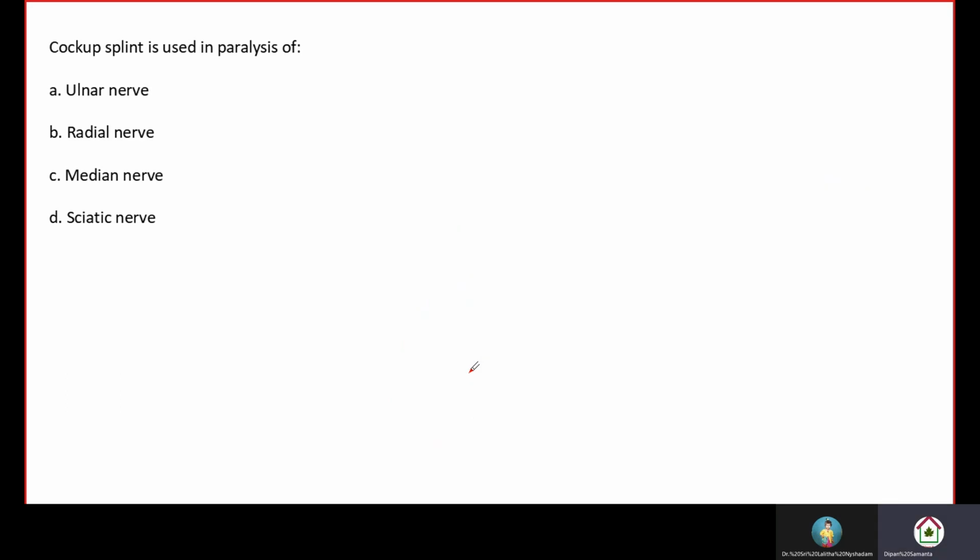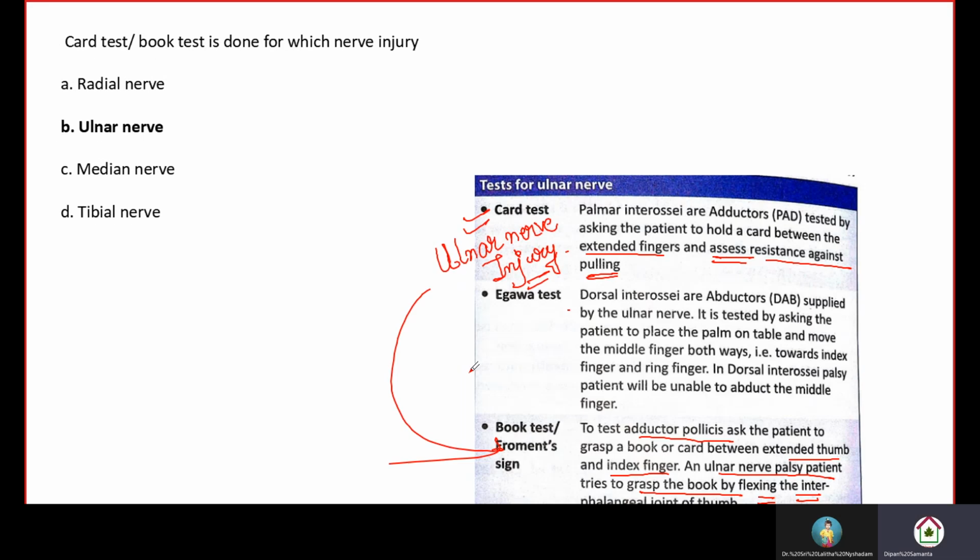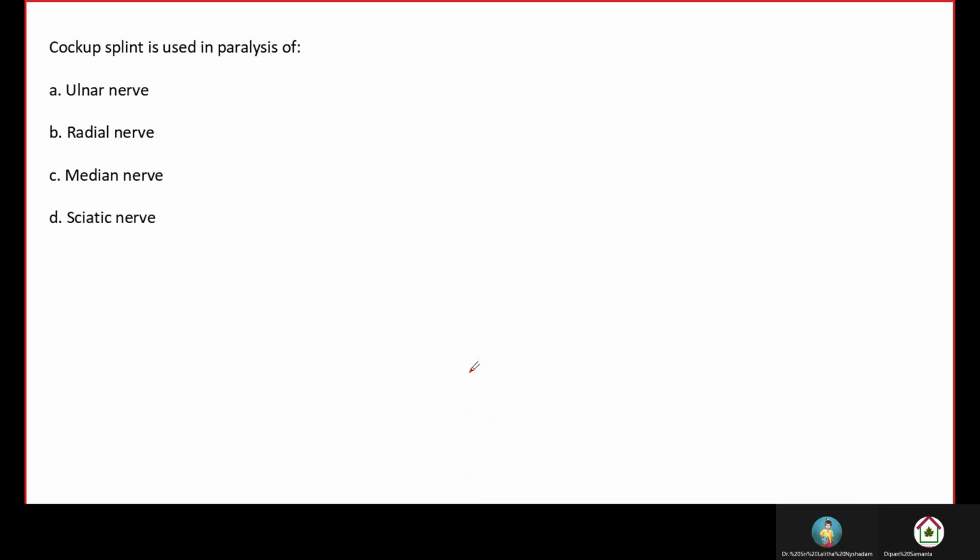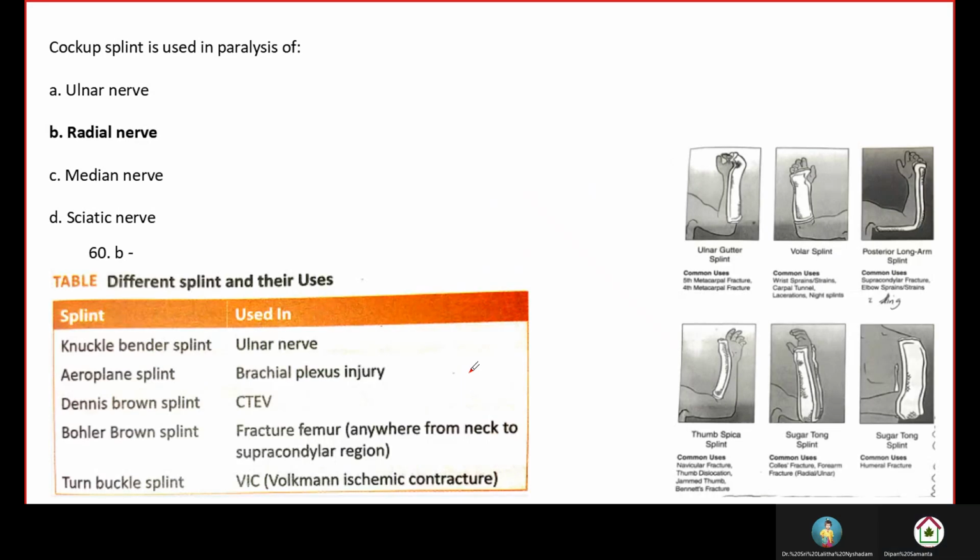Cock-up splint is used in the paralysis of ulnar nerve, radial nerve, median nerve, or sciatic nerve injury? Radial nerve. So cock-up splint is used in the paralysis of the radial nerve.